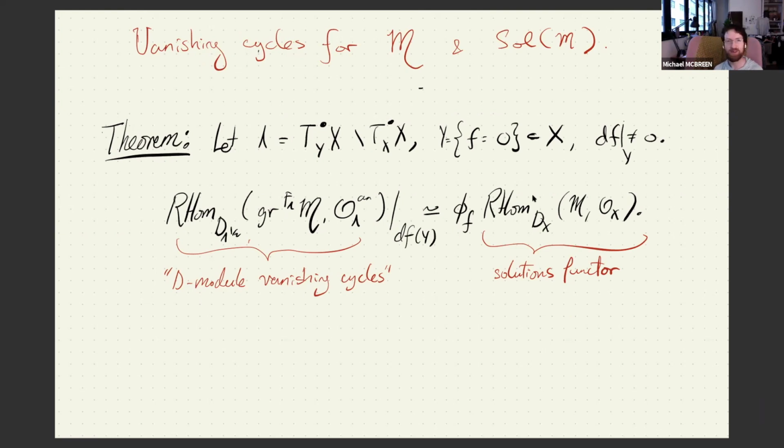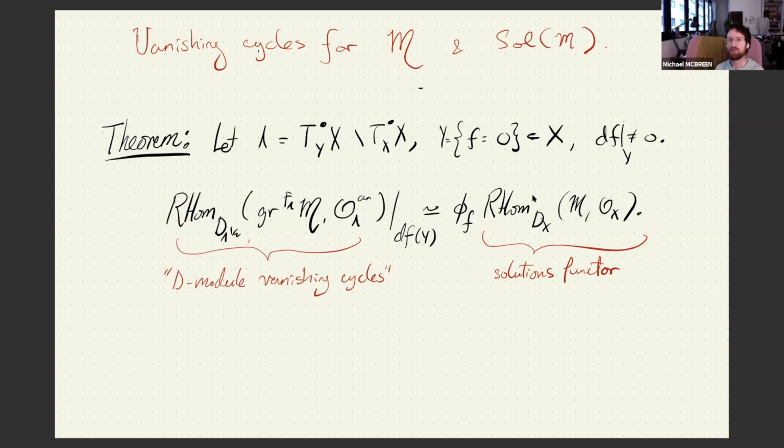But the theorem says that basically this construction is a D-module version of vanishing cycles. So back to our original setting. Y is a smooth hypersurface, and lambda is its conormal bundle.